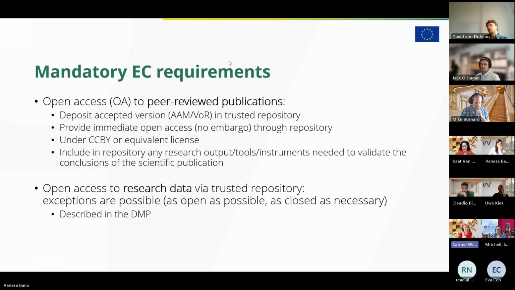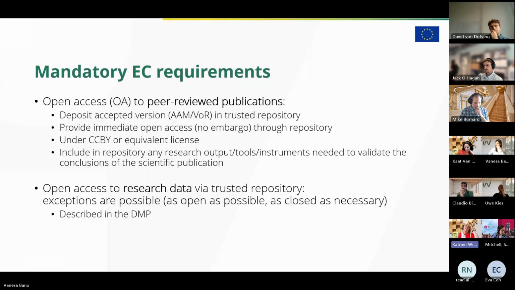Yes, so the mandatory requirements in Horizon Europe projects are that you need to give open access to all peer-reviewed publications by depositing an accepted version in a trusted repository. This could be either an institutional repository or one like Zenodo. And you need to provide immediate open access through the repository.